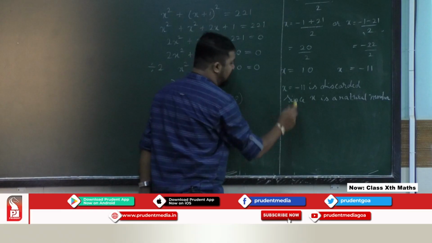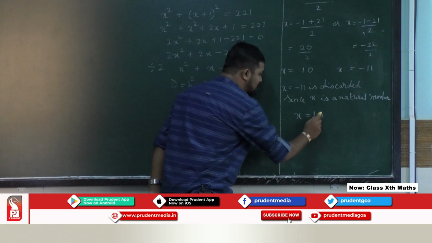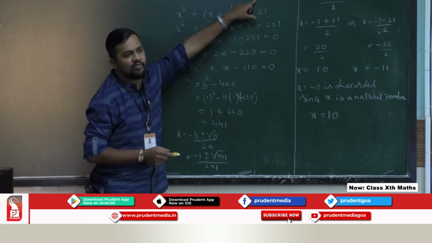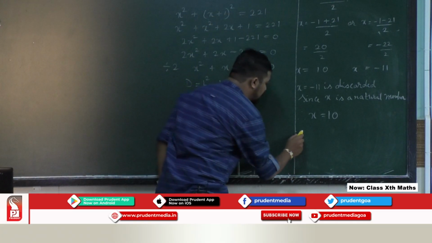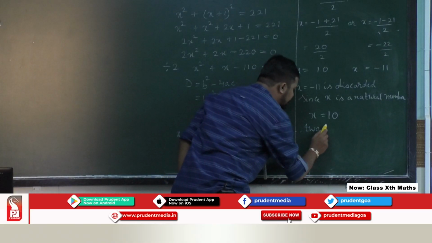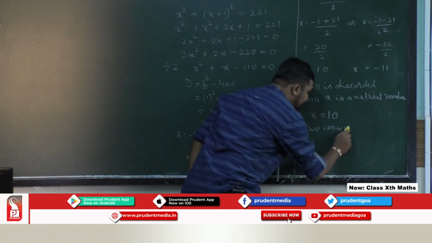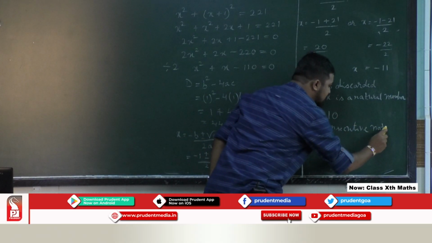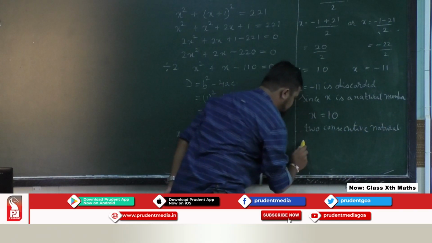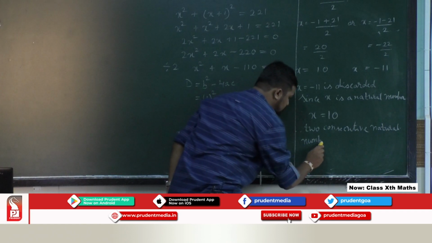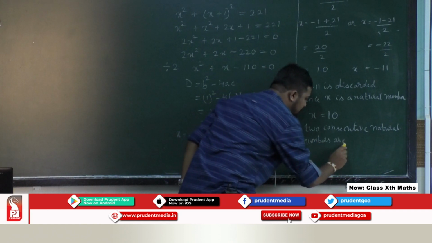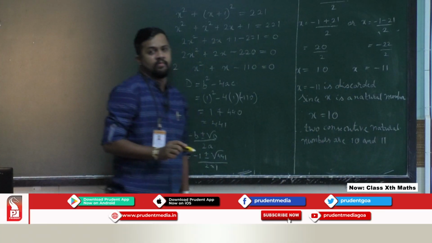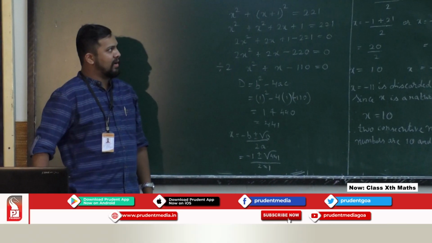Therefore my x will be 10. So I know my first number, x is 10. Next is 10 plus 1, 11. So therefore the two consecutive natural numbers are 10 and 11.